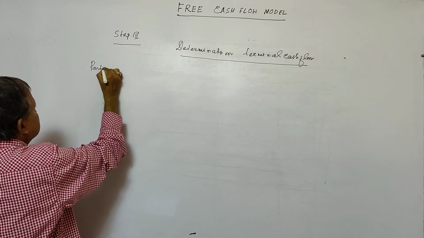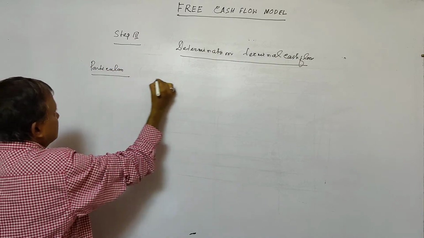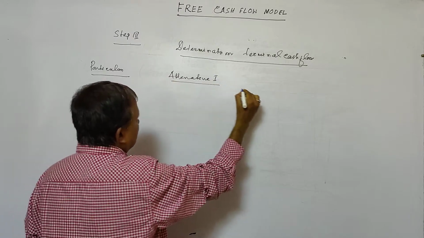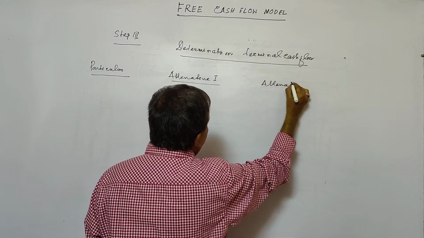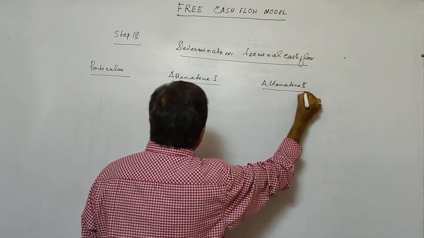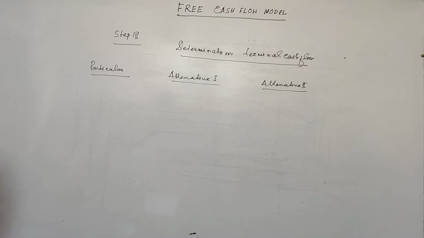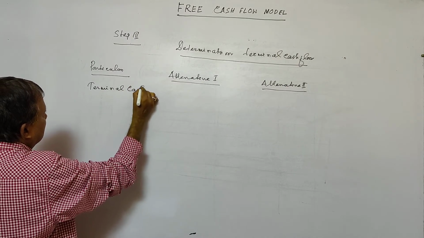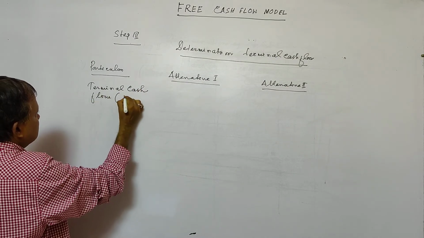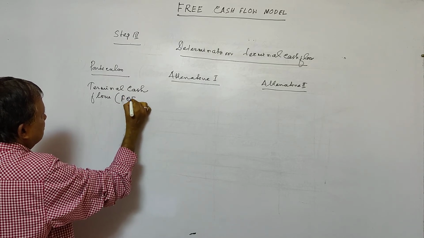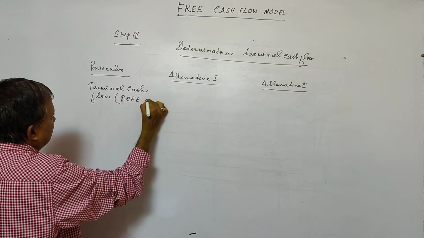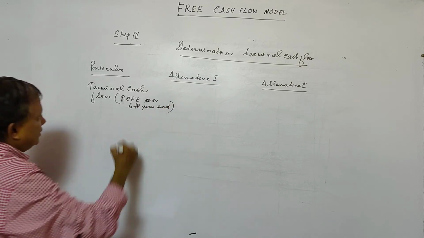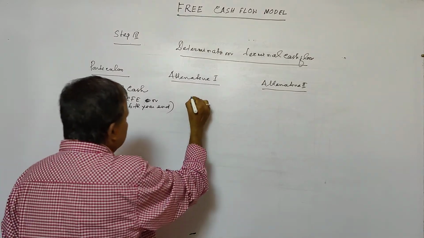This is particulars, this is alternative 1, alternative 2, and this particular cash flow is called terminal cash flow, that is cash flow for equity shareholder on 6th year, 395.